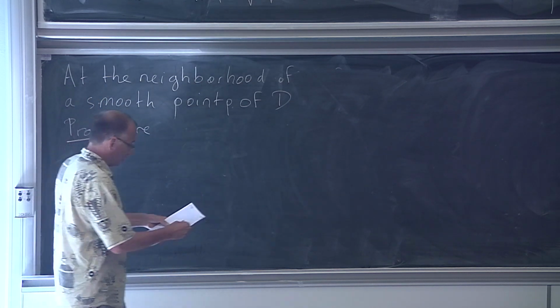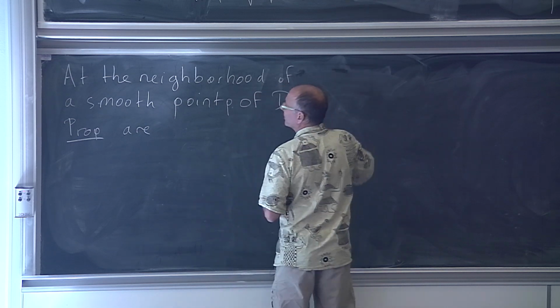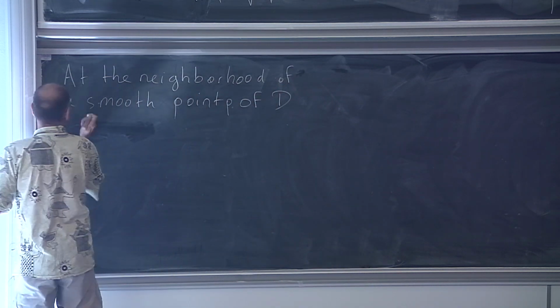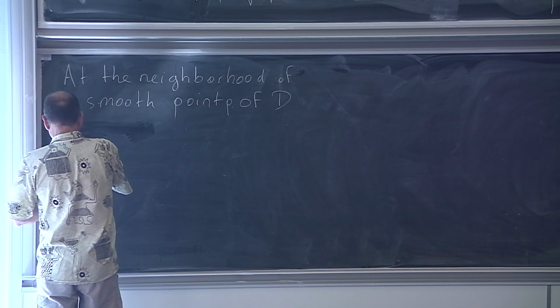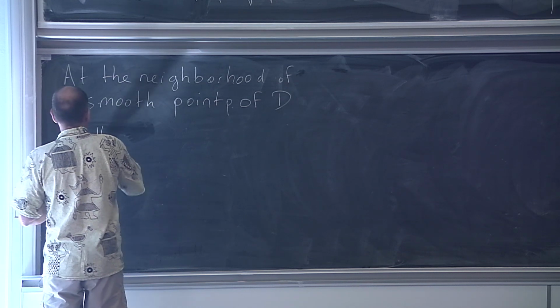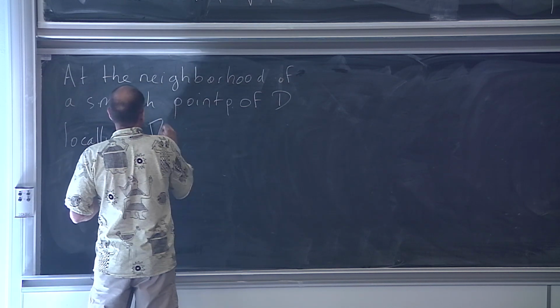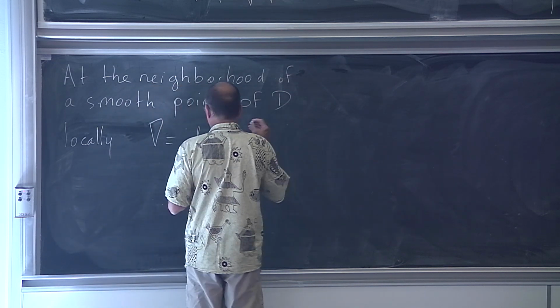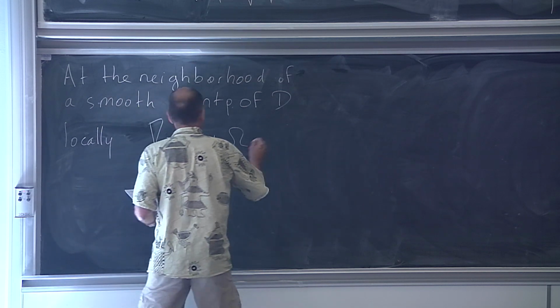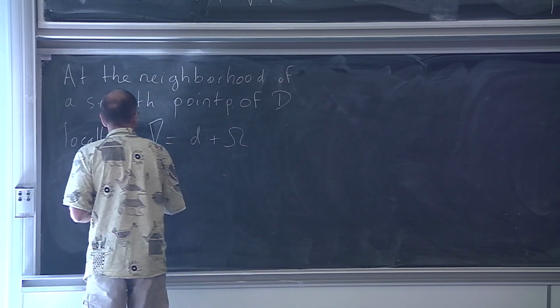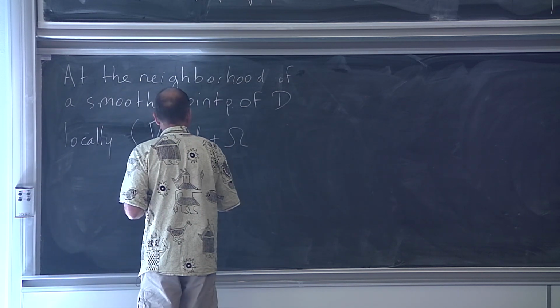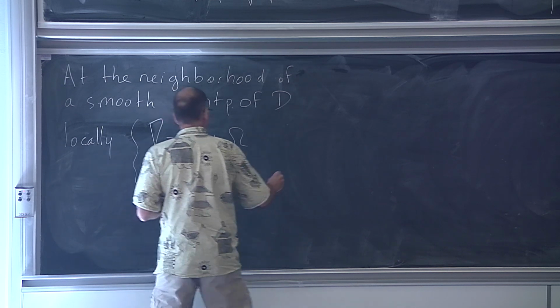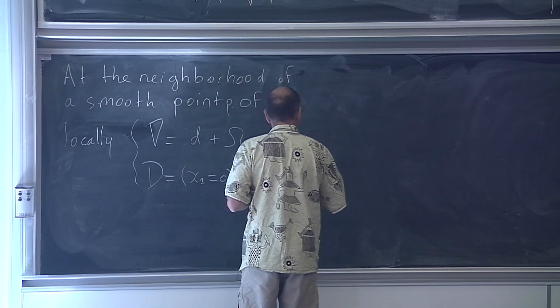Before this, sorry. Then locally, nabla writes d plus omega, with omega having a simple pole. So you can think that D is given by x1 equals 0, with coordinates x1, ..., xn.